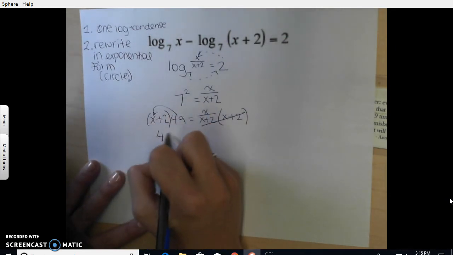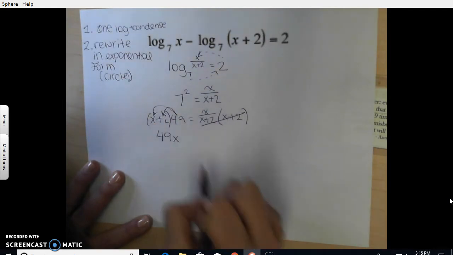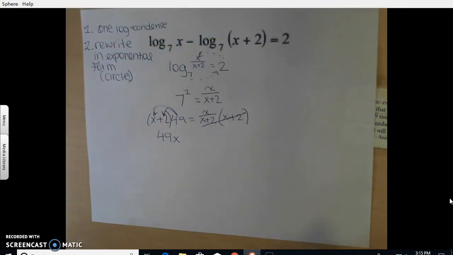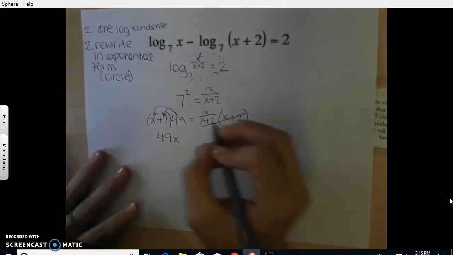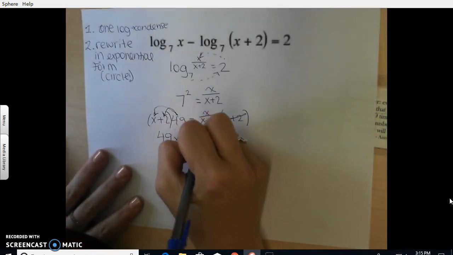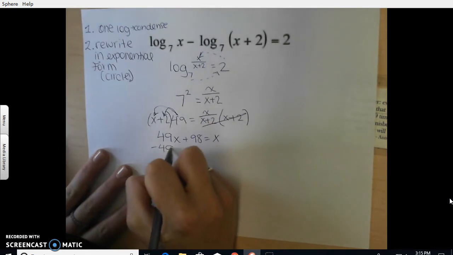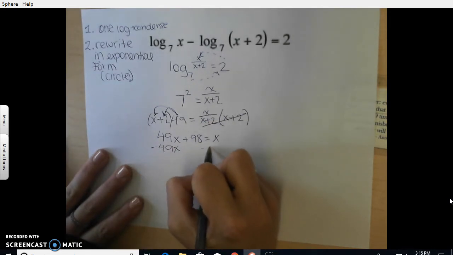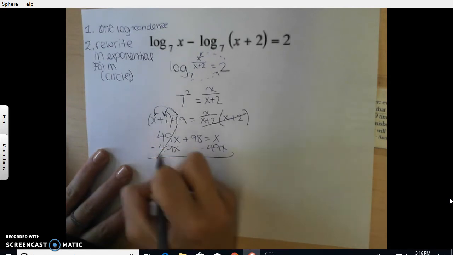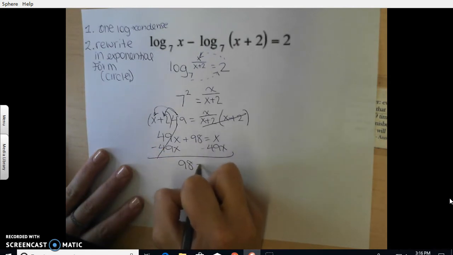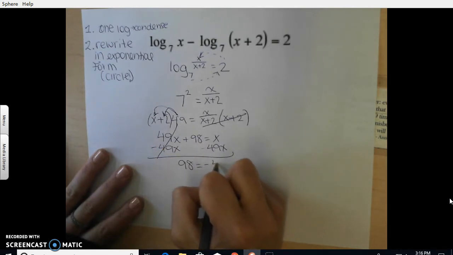49 times x is 49x. 49 times 2 is 98. Is equal to x. Subtract 49x. 98 is equal to negative 48x. Divided by negative 48.